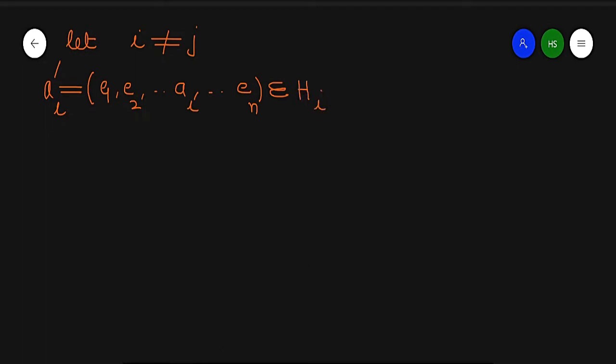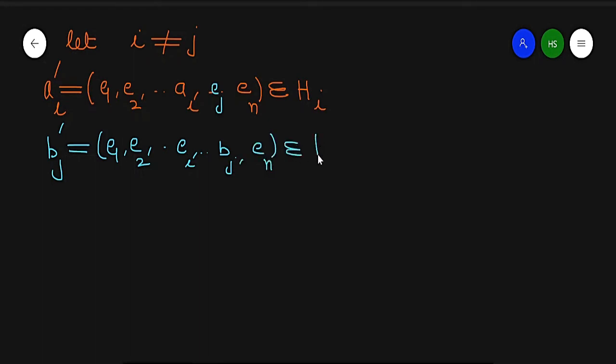This belongs to Hi. Now second is bj dash, which is (E1, E2, ..., ei, ..., bj, ..., En). This belongs to Hj. So I take this ai dash and bj dash.